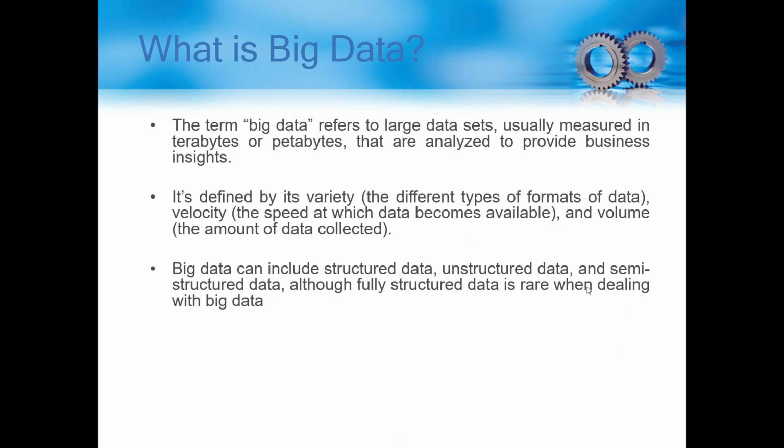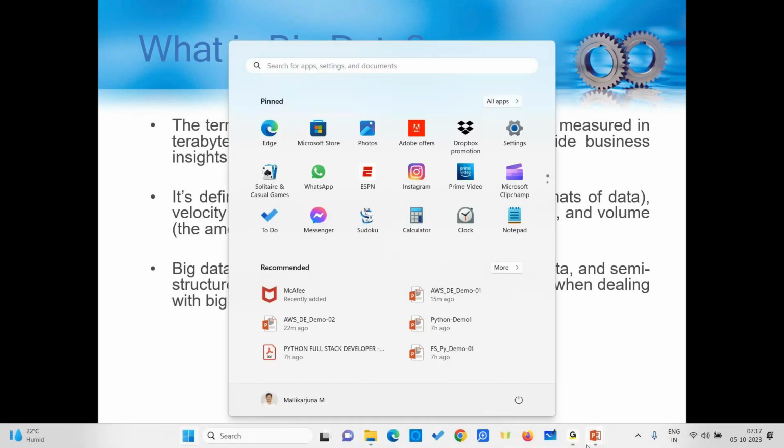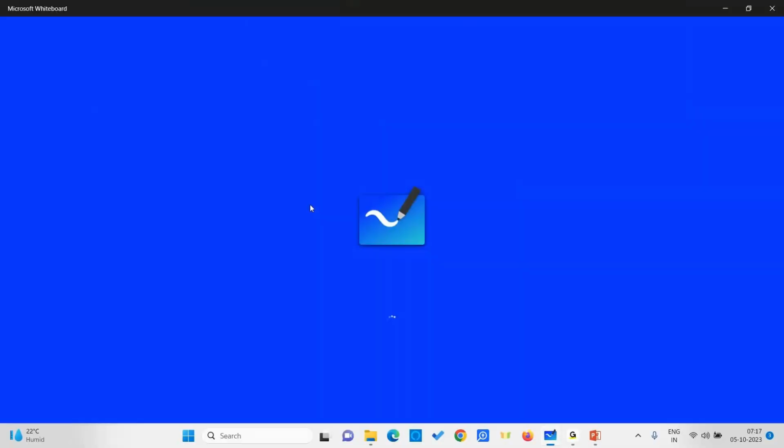And as you know, there are buzzwords like Hadoop and big data, these two. I'll just open my whiteboard so that I can explain them.